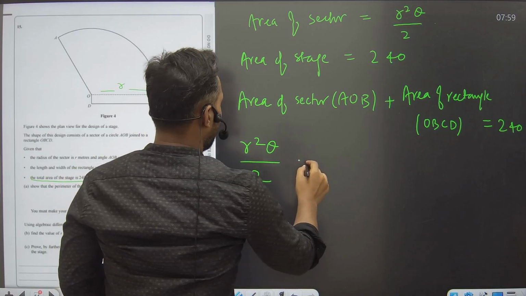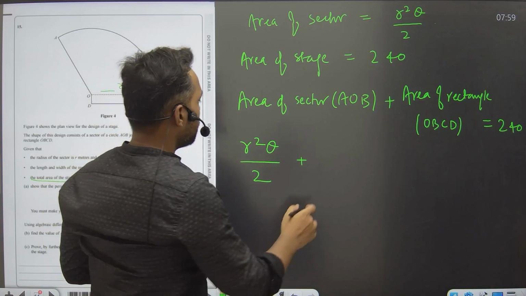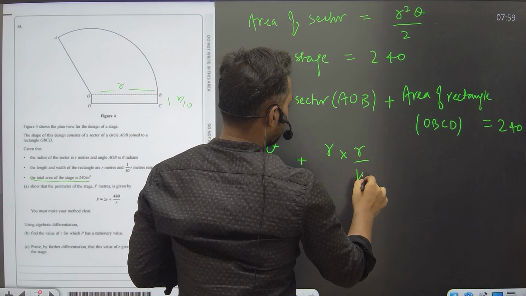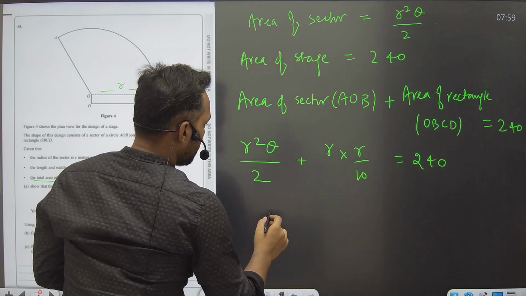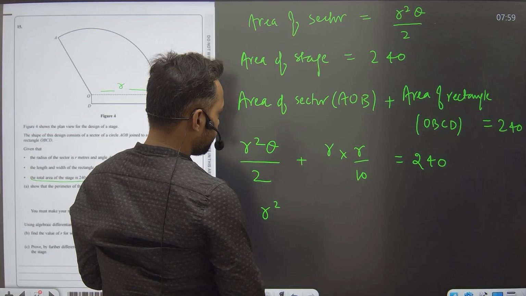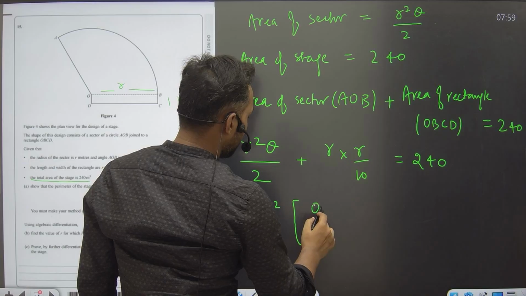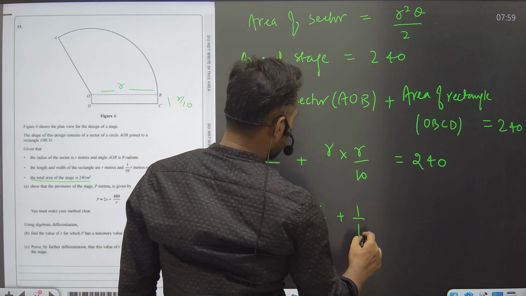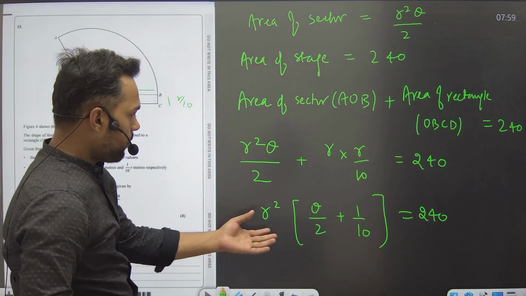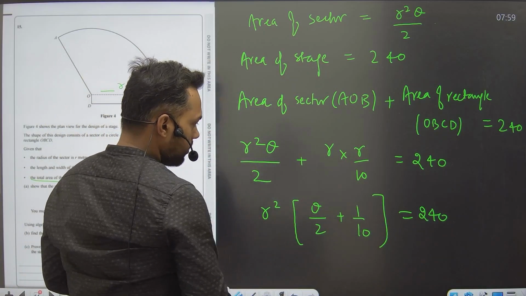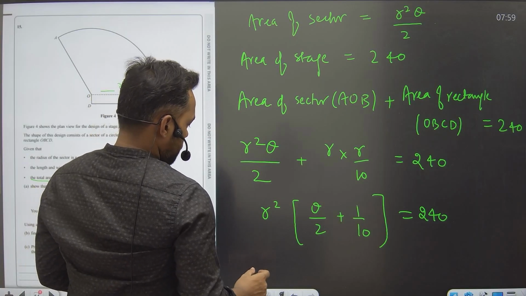For the area of rectangle OBCD, the area of a rectangle is given by length into breadth, so it will be r times r by 10, and the total equals 240. If you take r square as common, in the bracket you will get theta by 2 plus 1 by 10 equals 240.